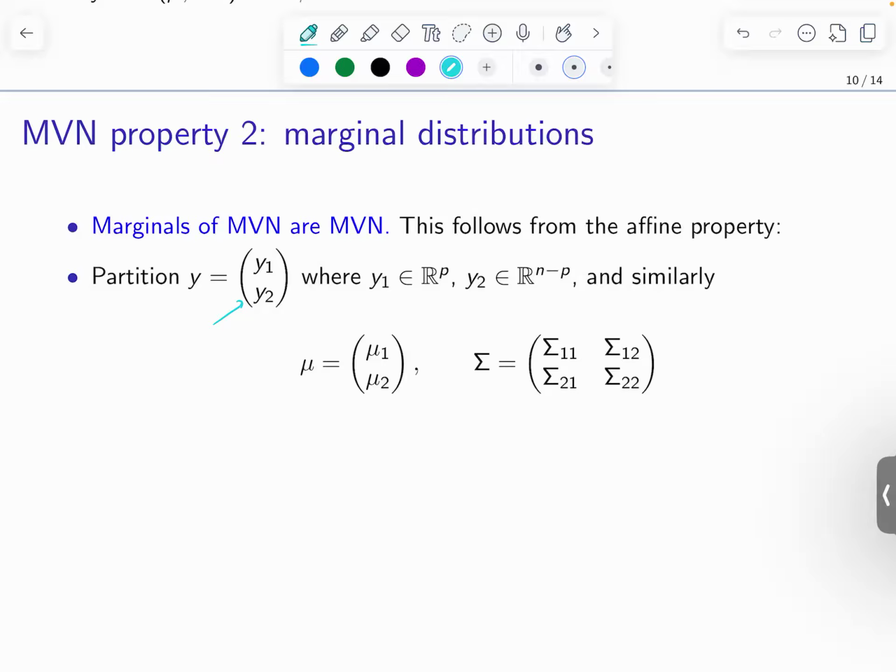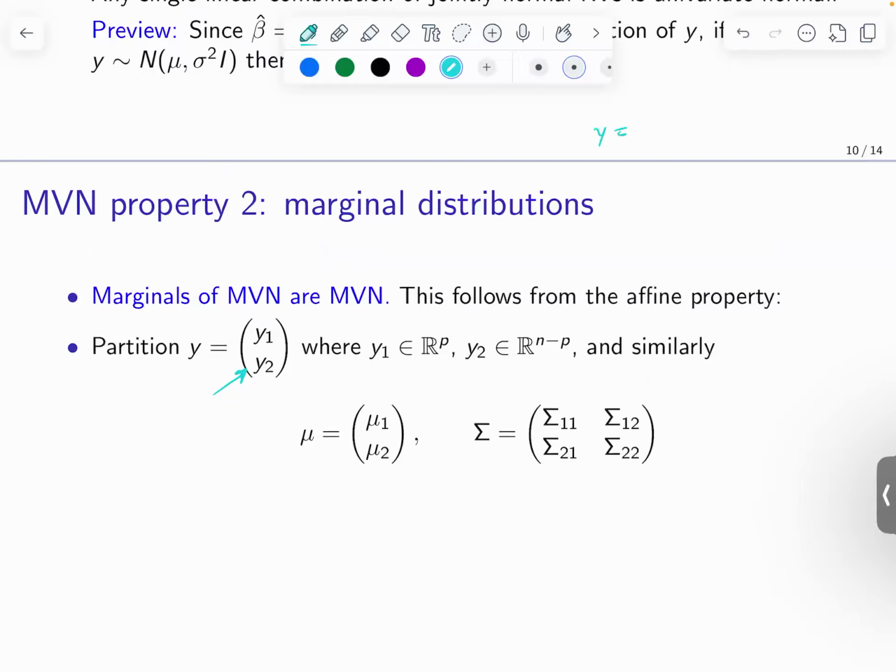This is a little bit confusing because this y1 and y2 are not necessarily scalar in my case. But if y was just a bivariate, having two coordinates, then the distribution of y1 would be a marginal, and the distribution of y2 would be a marginal.